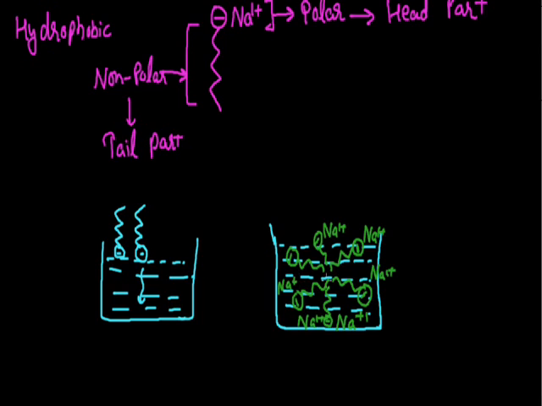Now if I talk about the center part of this cluster, that can also be termed as micelle. This cluster will be termed as micelle here. If I talk about the cavity of this micelle, since this cavity is surrounded by non-polar hydrocarbon chains, this cavity will attract all the oil and grease particles that are present at the surface of the cloth.